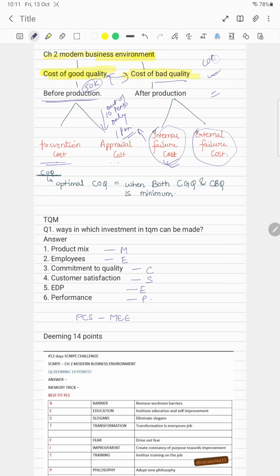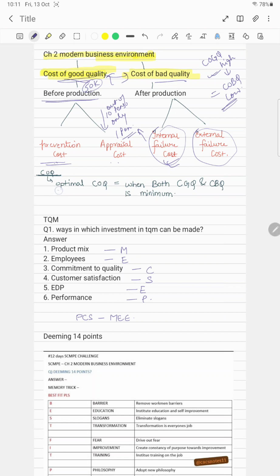When cost of good quality is high, then cost of bad quality will be low, and vice versa. So what is better? It's better to incur cost of good quality, because if we don't produce bad quality products, then our brand image will be good.